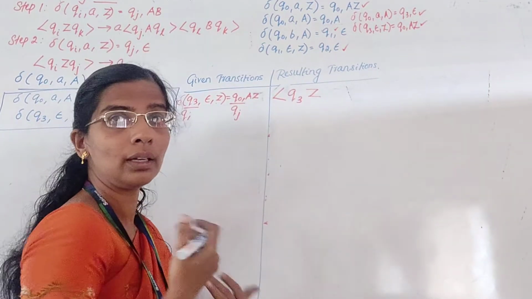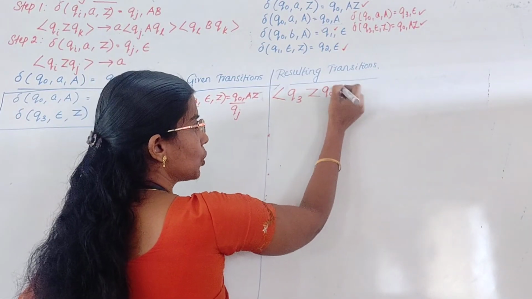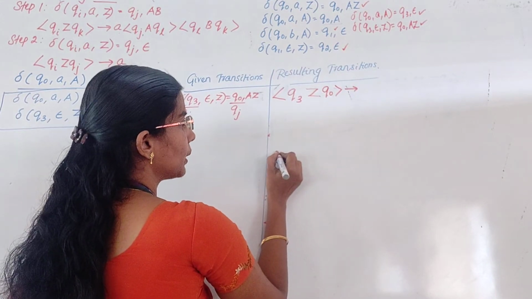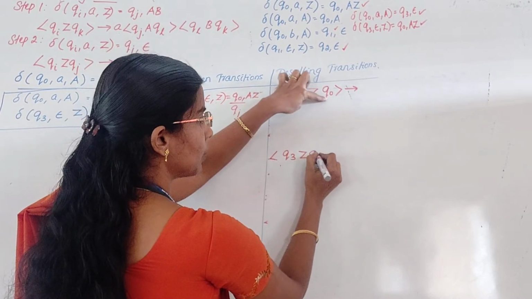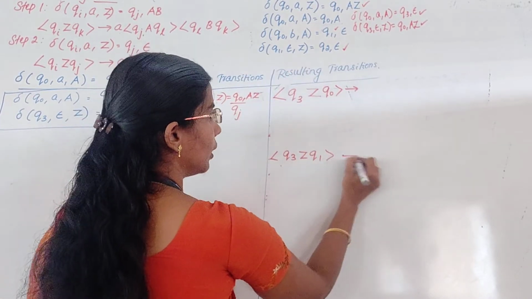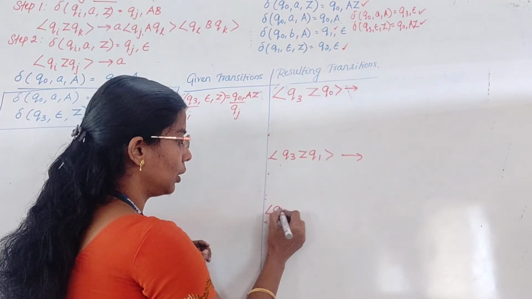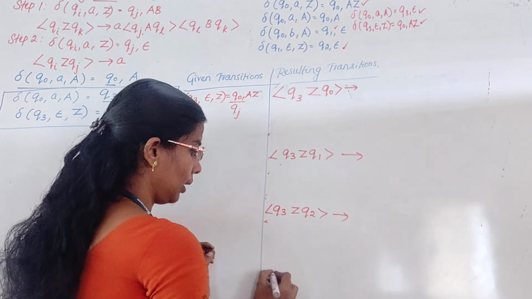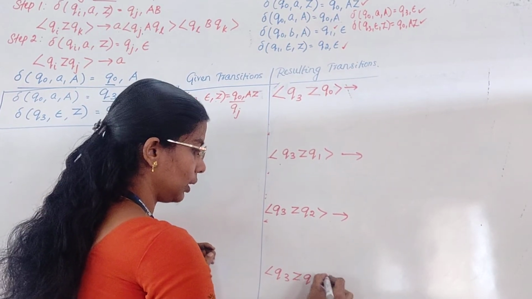And then all possible K values. The first possible K value is Q0, the next is Q3 set, the next is Q1, then Q3 set Q2, and the last one is Q3 set Q3.